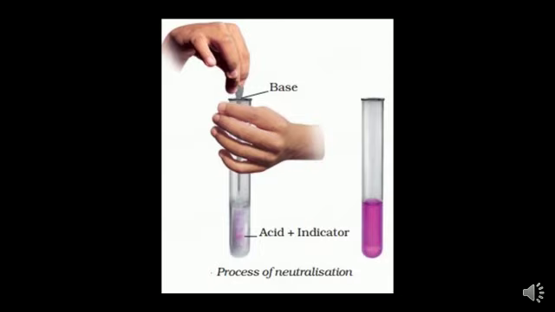Now we need to add one more drop of dilute hydrochloric acid. What do you observe? The solution again becomes colorless. Again add one drop of sodium hydroxide solution and observe any change in color. So again the solution becomes pink in color.